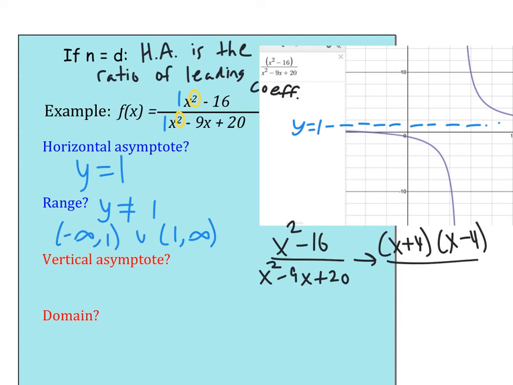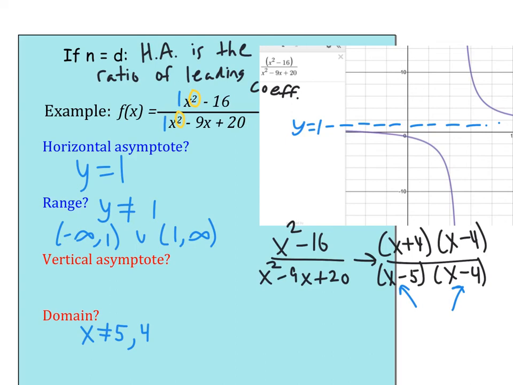The denominator is factorable, x minus 5 and x minus 4. Okay, so that's going to tell me right now that the domain, right, the two values that would cause the denominator to be 0 is that x cannot be positive 5 and x cannot be positive 4. Okay, because each one of those would cause this to be undefined.